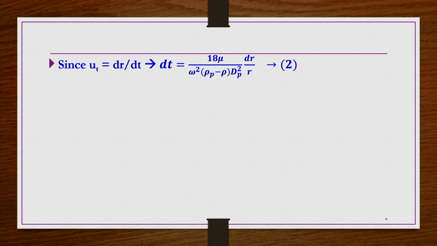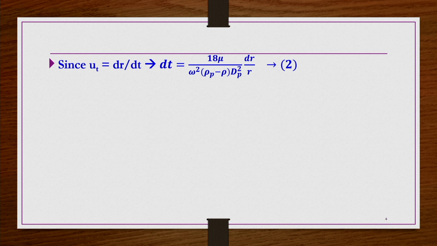Why are we writing this? Because we wanted to find out the residence time of the liquid, so the time we have to find out here. Now the important thing is the boundary condition. What are the boundary conditions? At the entry point, we have assumed that the particles are at the RA position.